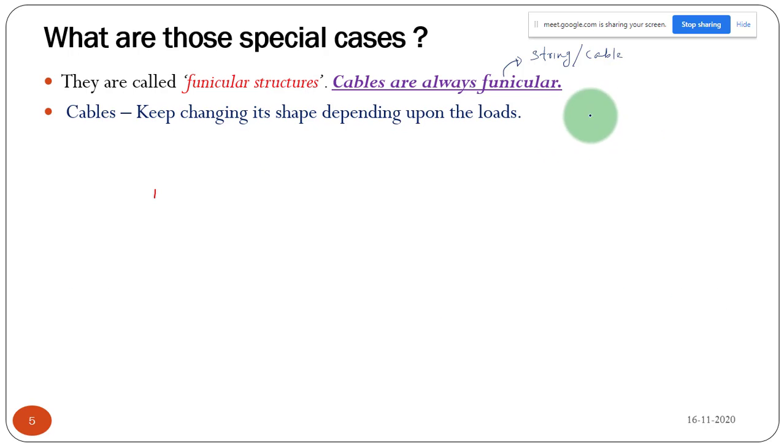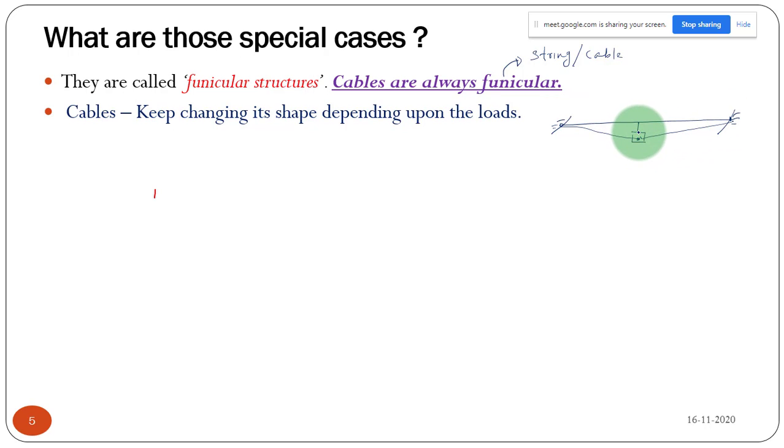Suppose, as a simple example, you have a rope to keep some clothes in sunlight. If you keep some weight at the middle, or keep some shirt at the middle, this rope may take a shape something like this. It may have this type of profile.